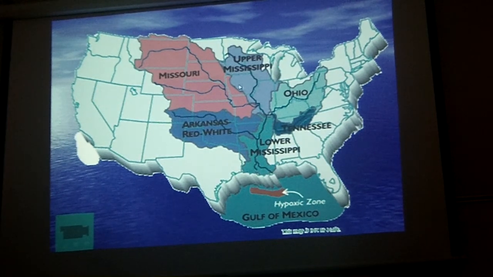I mean, all the fertilizers from all the fields, all the farmlands, all get dragged off by rain, and all go out right here. And the algae overgrows in this area of the ocean, and then the amount of oxygen goes down.